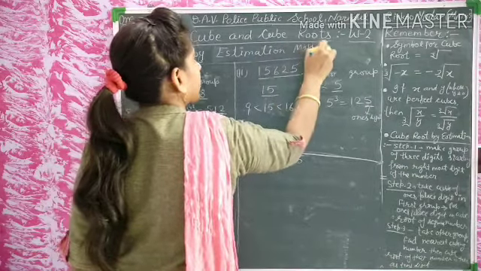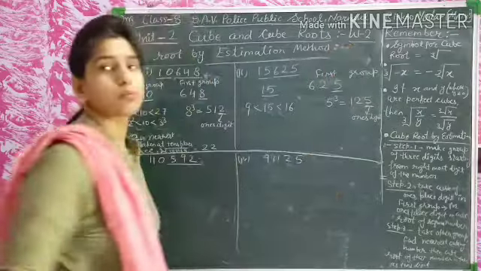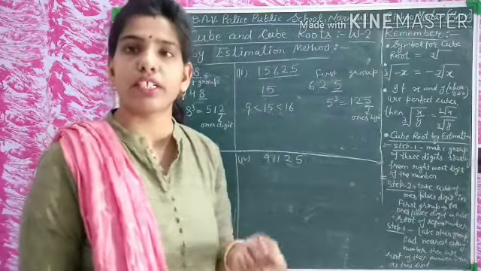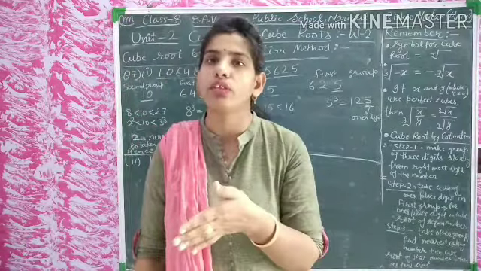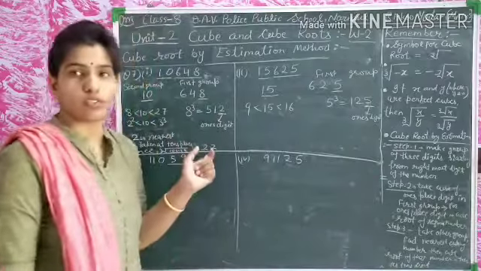Here we are doing the cube root by the estimation method. We have square root by estimation as well as cube root by estimation. So we are solving the cube root by estimation.